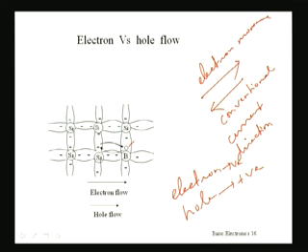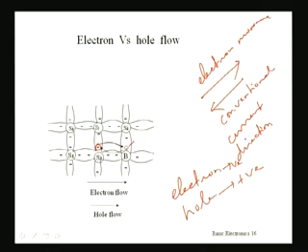When this electron comes and fills up this hole, then this place will now be devoid of electron and it will now be a hole. So now hole movement will be from this position to this position. It is just opposite to the electron movement. Electron movement is in the solid direction of this arrow and hole movement is in this dotted direction of this arrow.